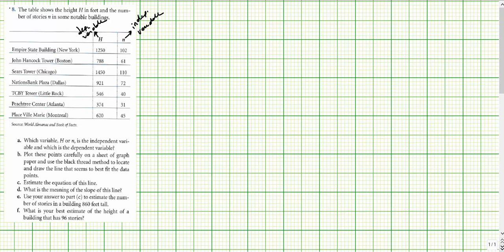Part B, plot these points carefully on a sheet of graph paper and draw the line that seems to best fit the data points. Let's see here.